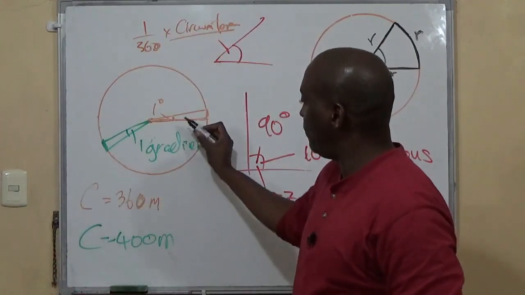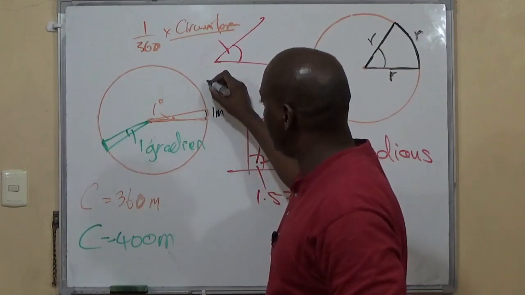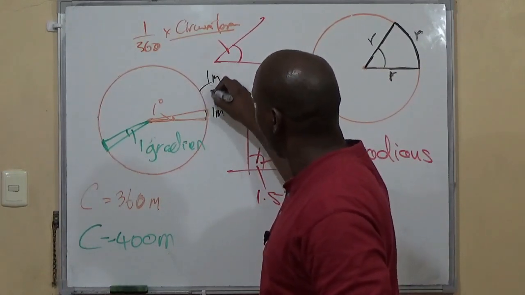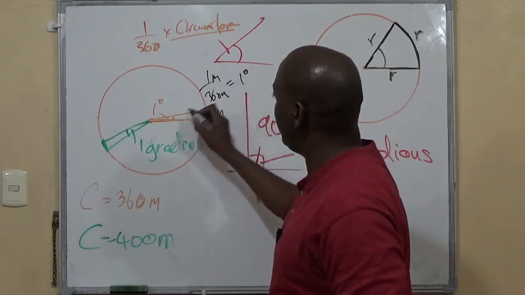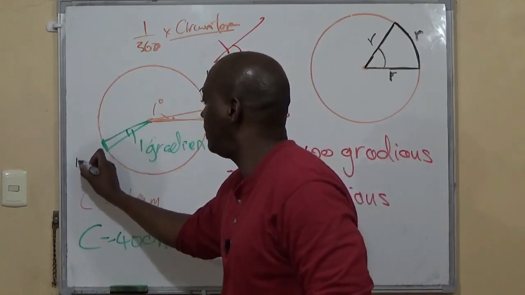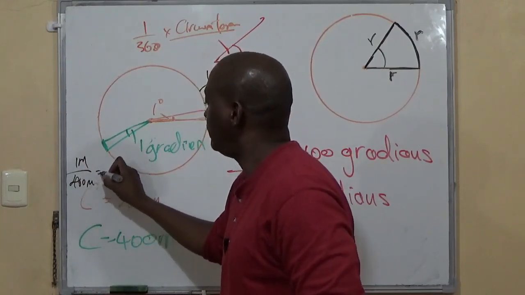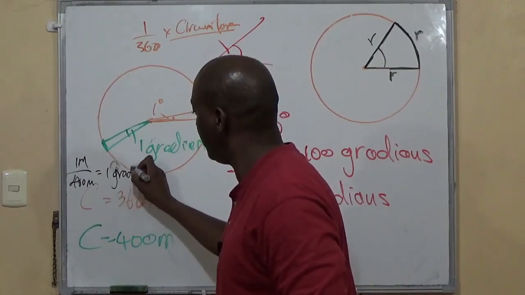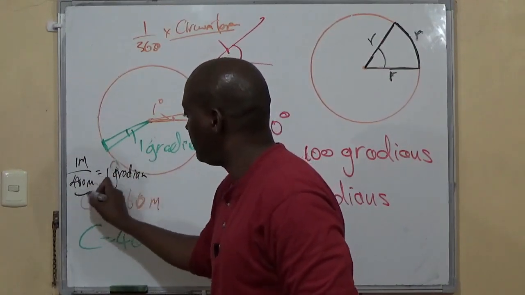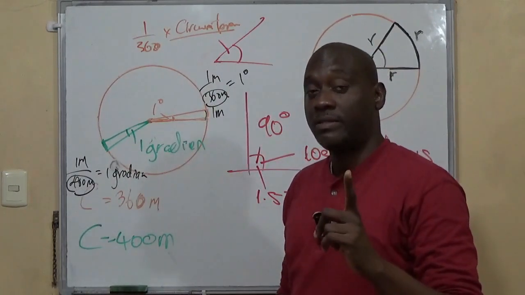Over here, we made life simple by using 1 meter in both cases. In this case, it was 1 meter over 360 meters. That gives you 1 degree at the center. Over here, it was 1 meter over 400 meters, which will give you 1 gradient at the center. In both cases, the denominator was the measurement of the circumference.